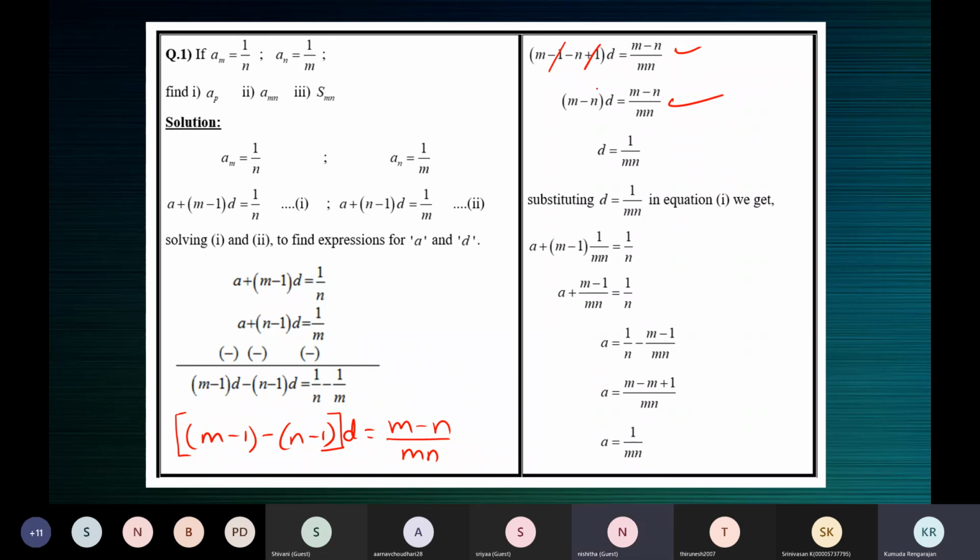So d is equal to, now m minus n on either side gets cancelled.